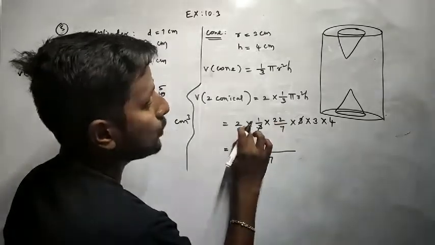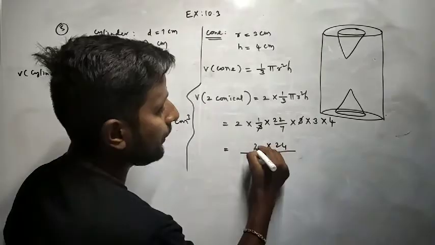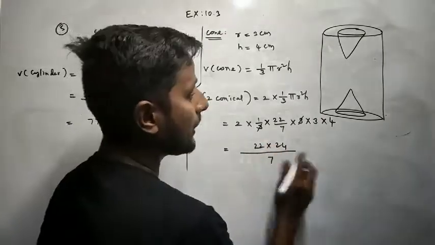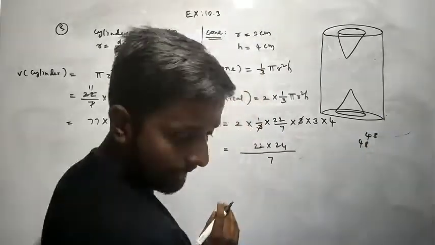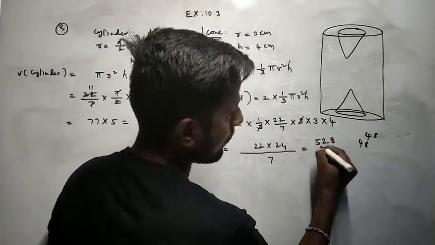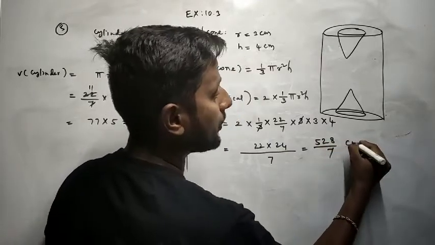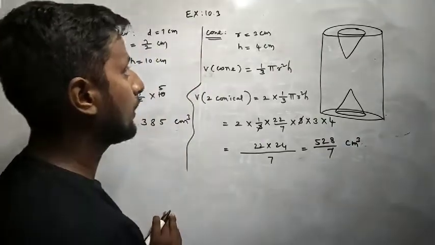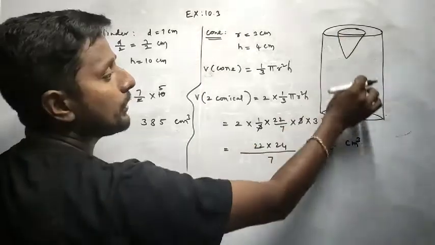2 3s are 6, 6 4s are 24 into 22. Yeah, simple, I can write 48 again, 48. 528 by 7, 528 by 7 centimeter cube. Yeah, it is the volume of the two conical figures.